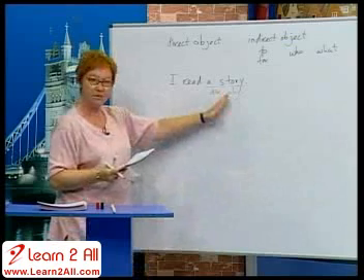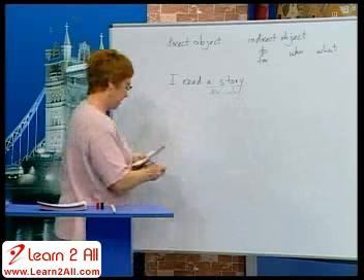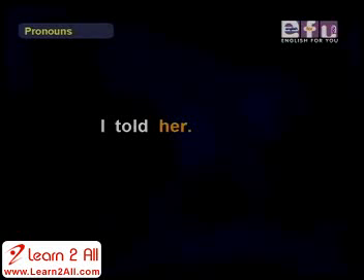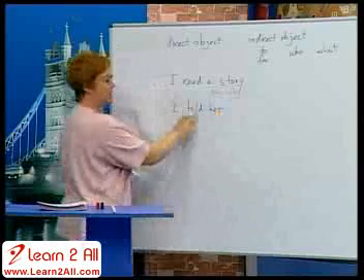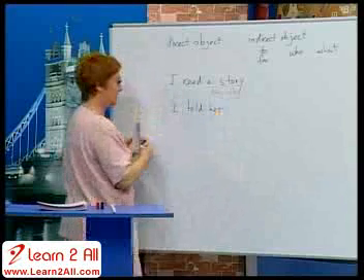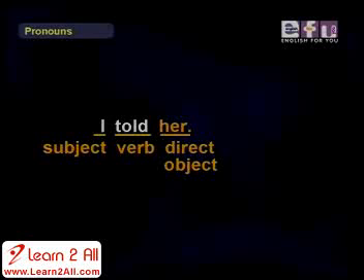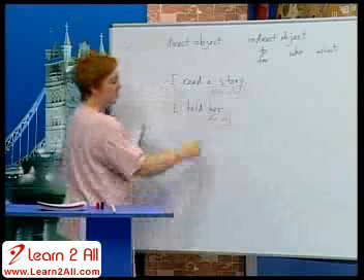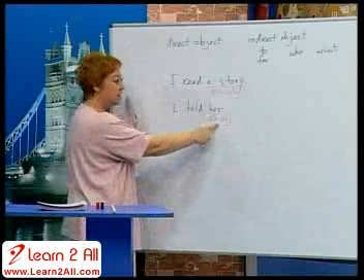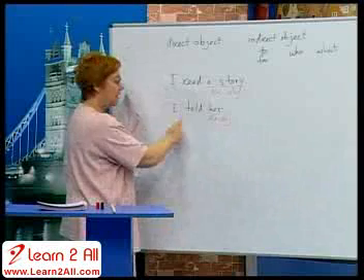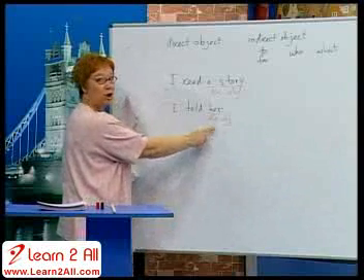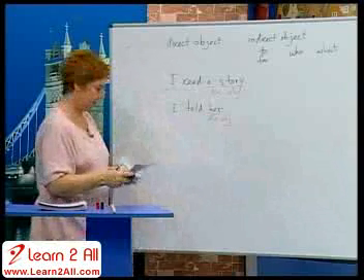I read a story. Now, here's another one. I told her. Direct object. Okay? So, this answers the question, who? I told who? I told her. This is the direct object.